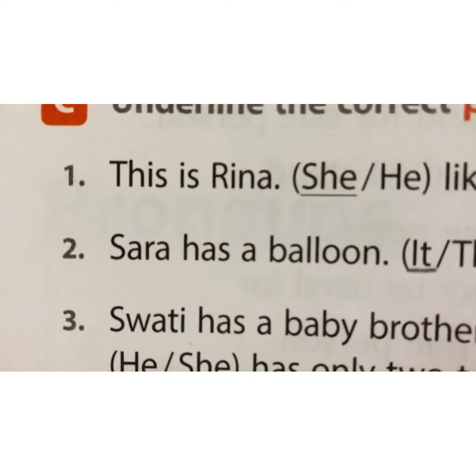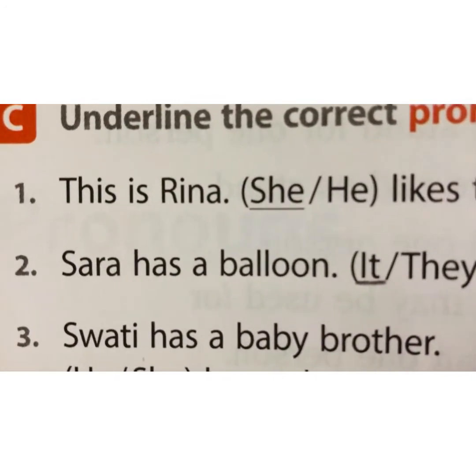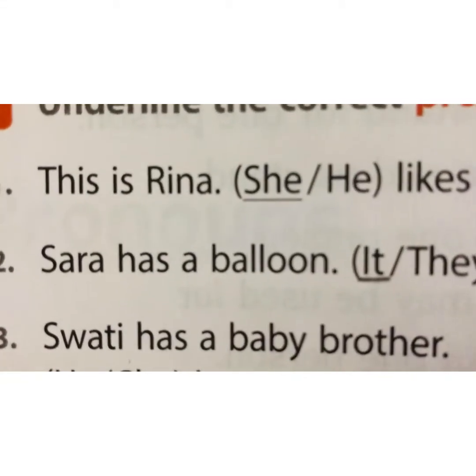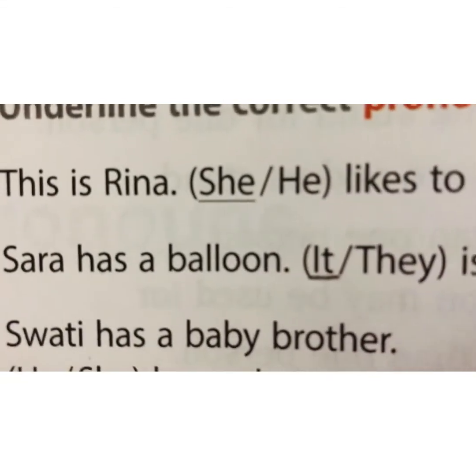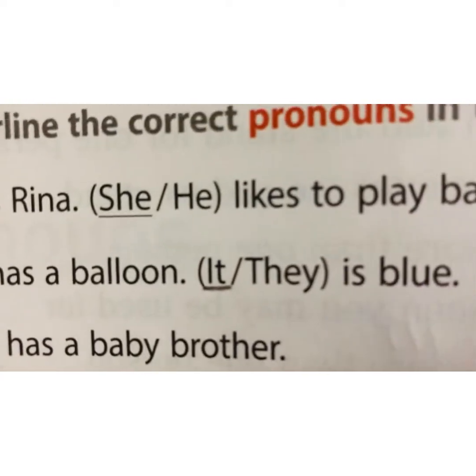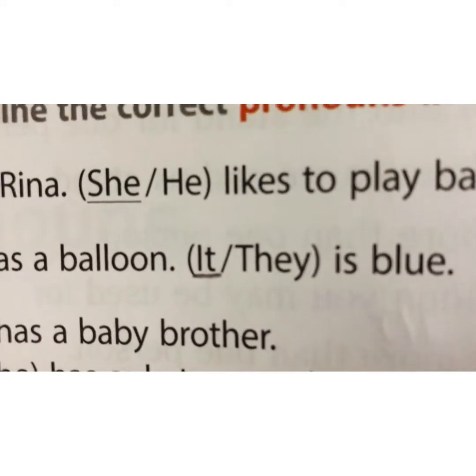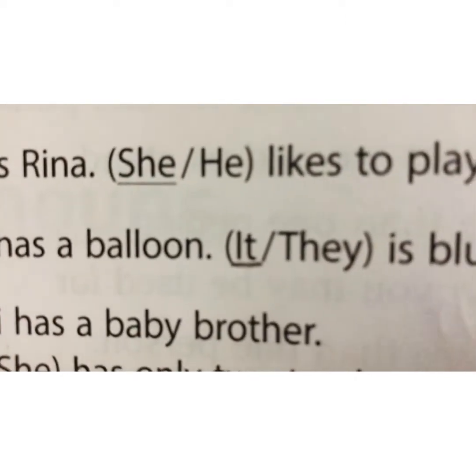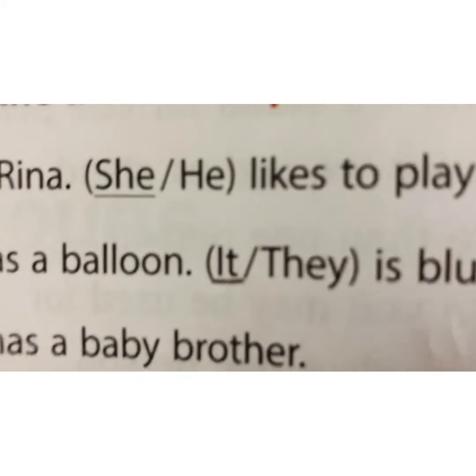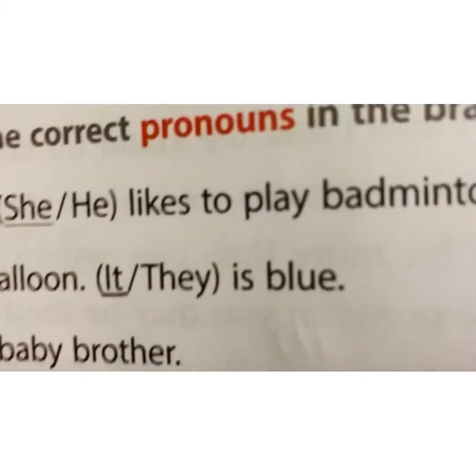Second, Sarah has a balloon. Balloon is an object. It or they is blue. We are talking about the color of the balloon that is blue. So we will use pronoun it here. It is blue.